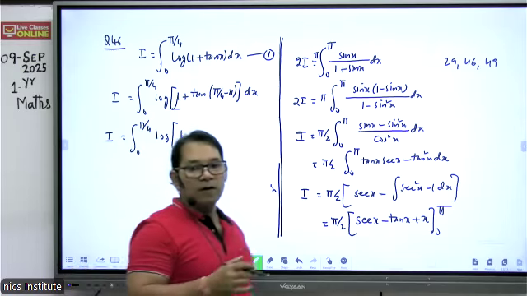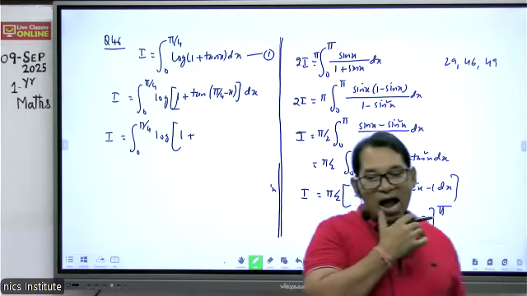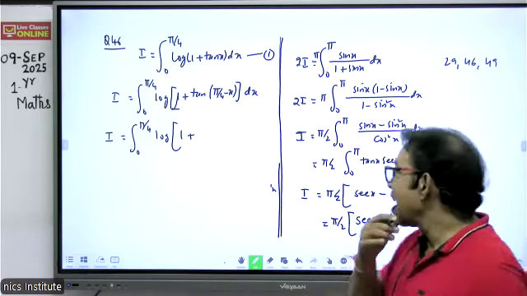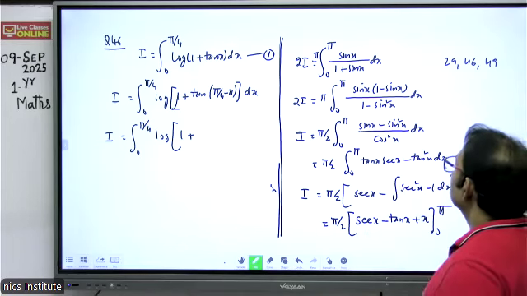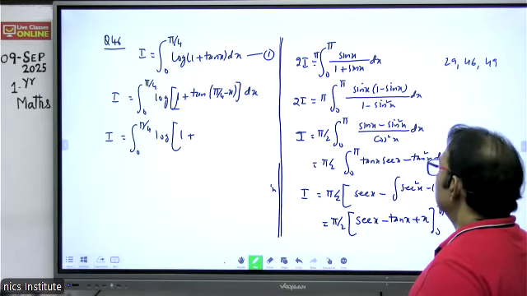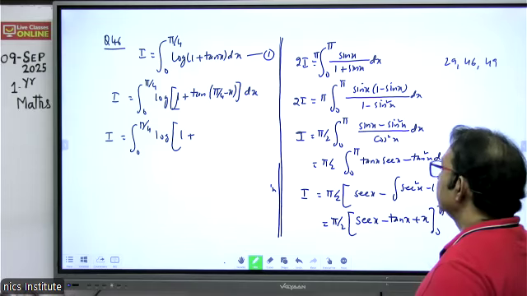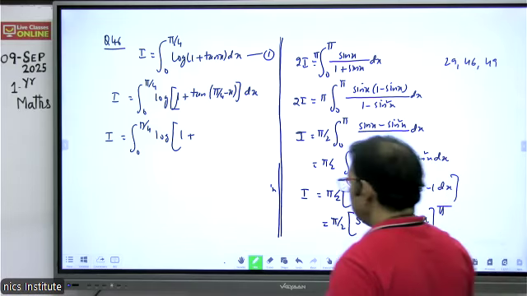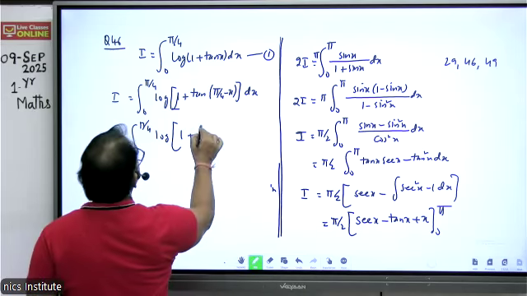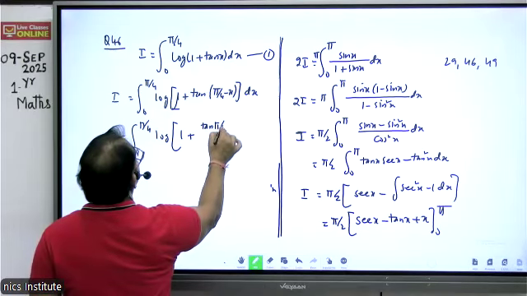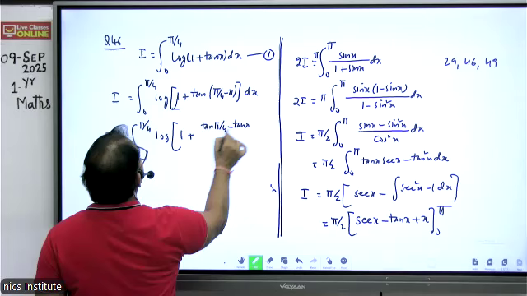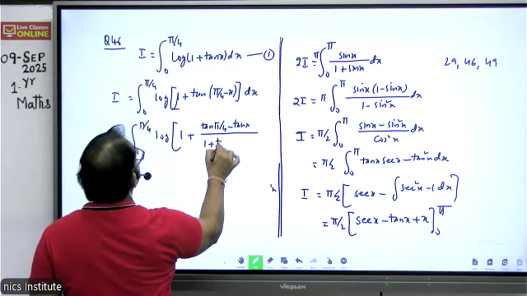Use the property of tan a minus b: tan a minus tan b over 1 plus tan a tan b.